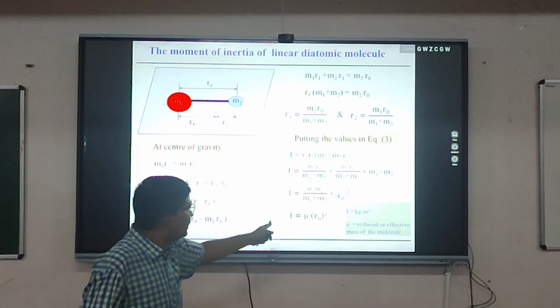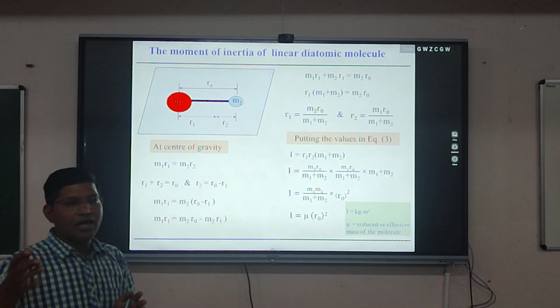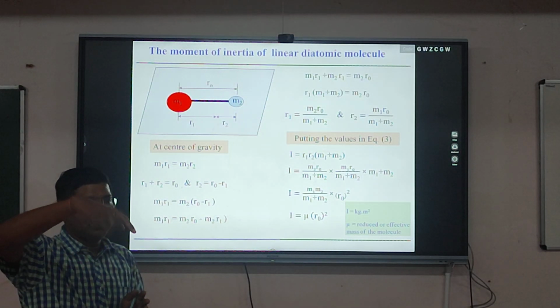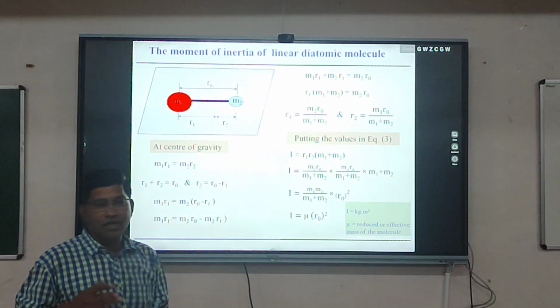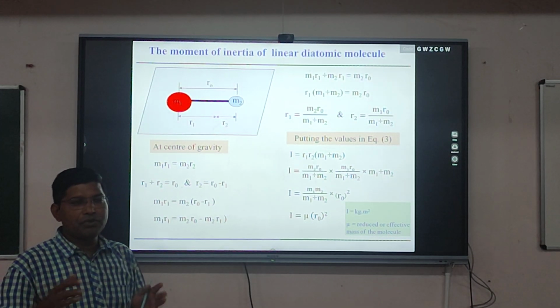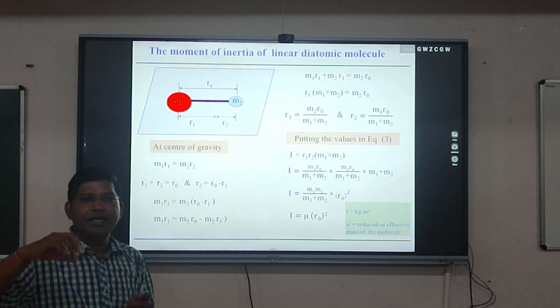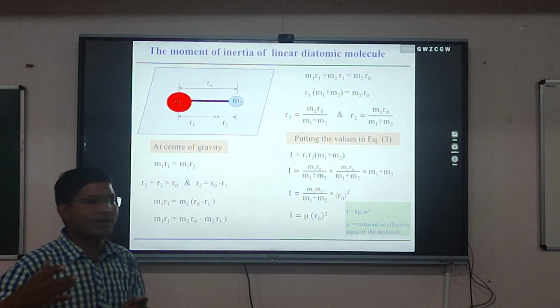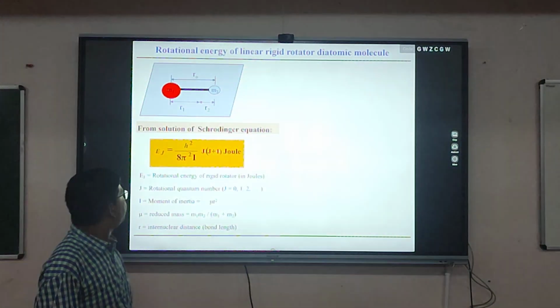First, how to calculate the moment of inertia of a rotating molecule about different axes. Another point, the reduced mass. So if a molecule is rotating, there is a reduction in the mass of the actual molecule in space.